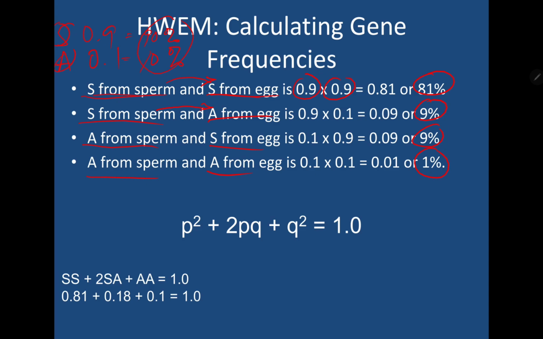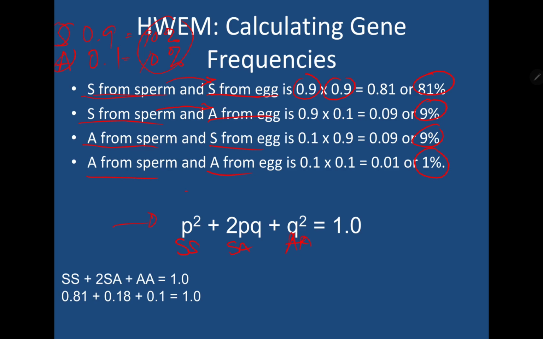So going back to the equation that I showed you earlier, we just plug everything in. P squared is SS, 2pq is SA, q squared is AA. You just plug in the values and you get the frequencies.